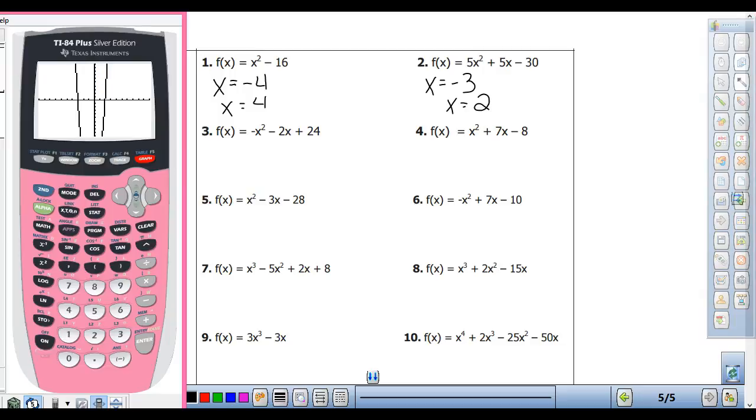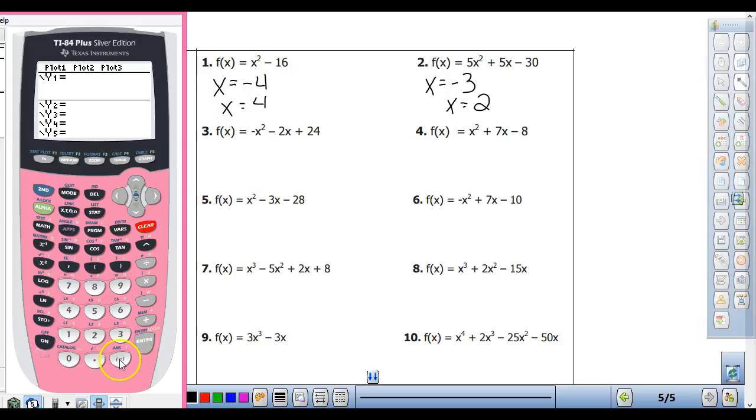Alright. So now we need to take a peek at number 3 because when I go y equals and clear it, there's a negative in front of x squared, yes? Where's my negative button? Down below number 3. Don't use your minus button, use your negative button.